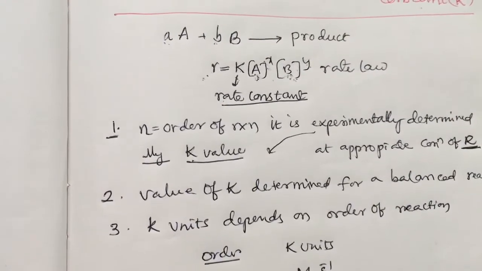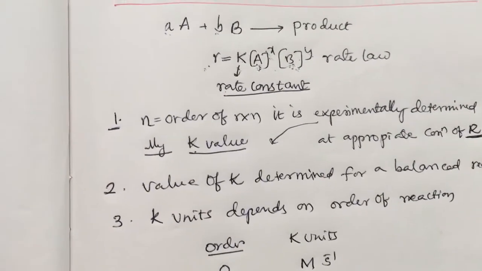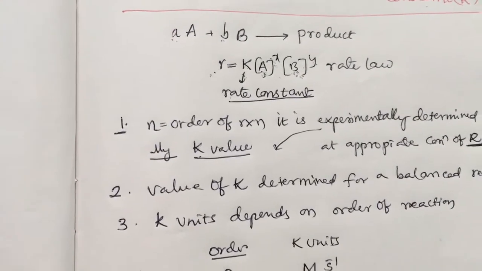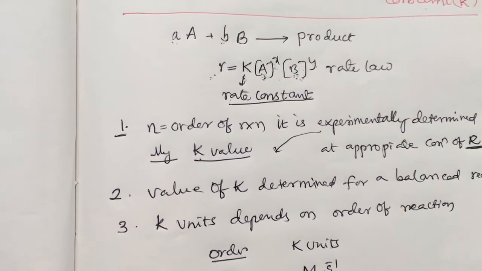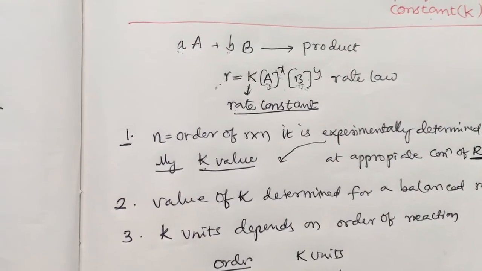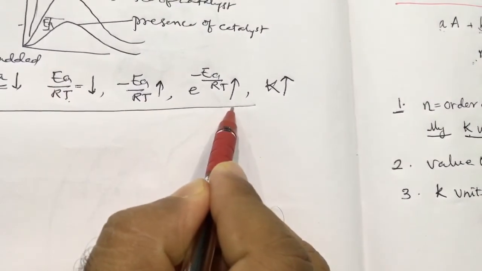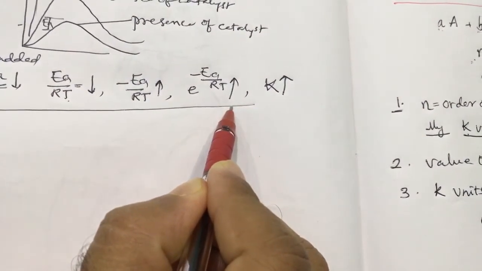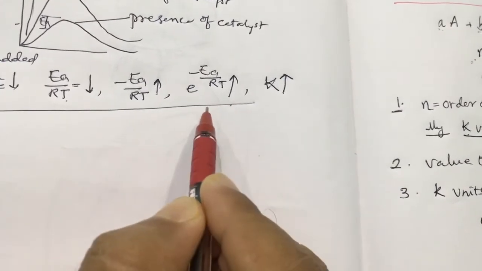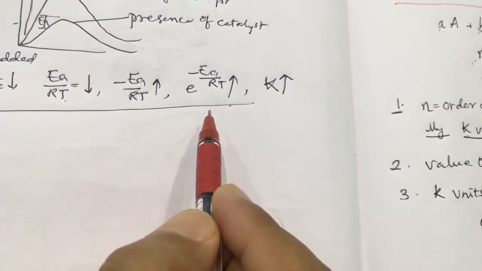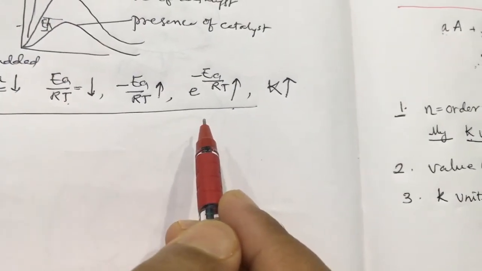Otherwise, they may ask a match-the-columns question related to the specific rate constant. Sometimes they may ask: temperature increases, does the rate constant decrease or increase; activation energy increases, does the rate constant decrease or increase; catalyst added, does the rate increase or decrease.